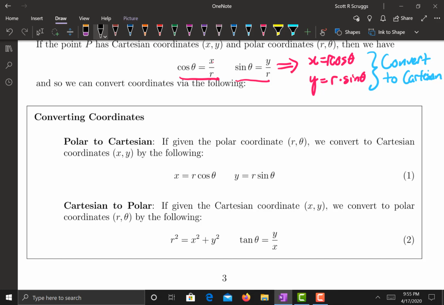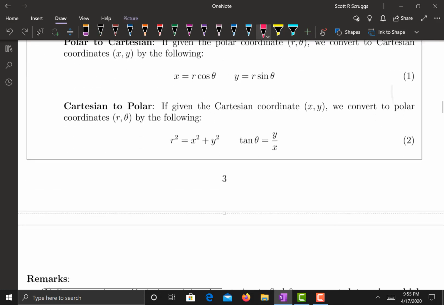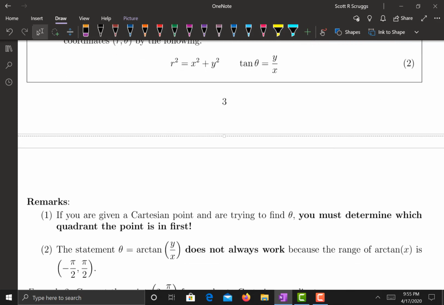So before we go through some examples, there are a few remarks that I do want to make. The first one is, when you have a Cartesian point and you're trying to find the angular coordinate, my advice before you do anything is to determine what quadrant your Cartesian point is in.